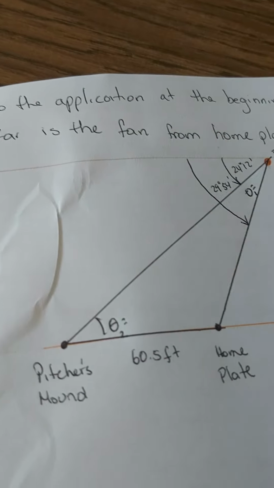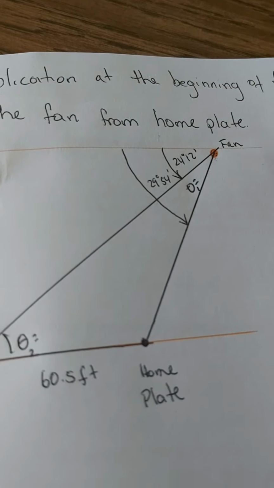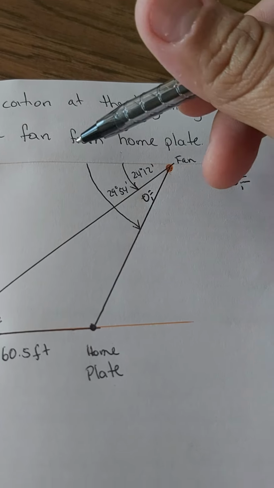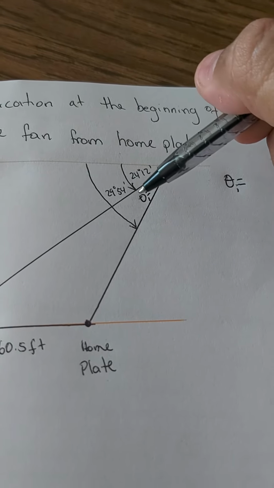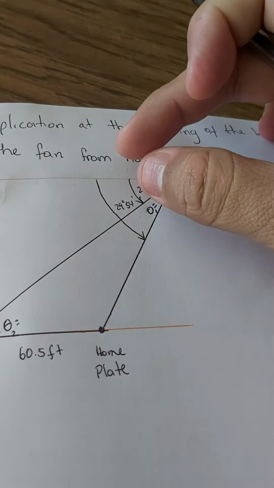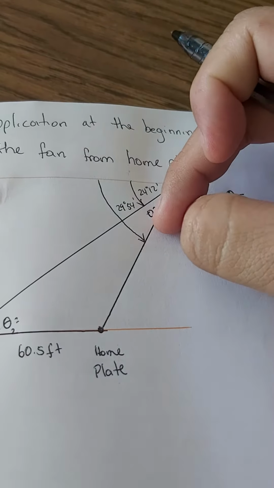Now, theta 1 is going to be equal to 29 degrees 54 minutes minus 24 degrees 12 minutes. This minus this will be equal to theta 1.